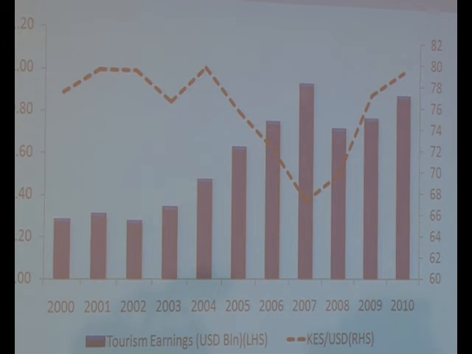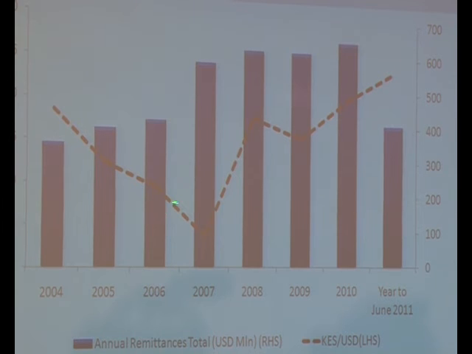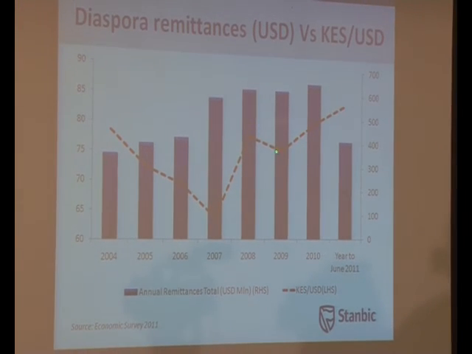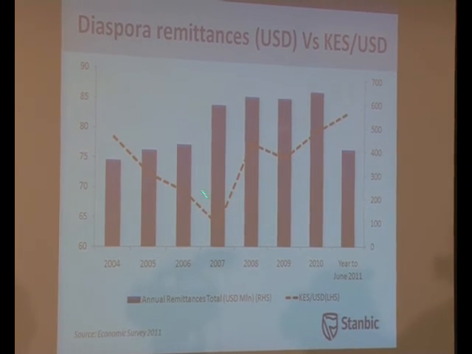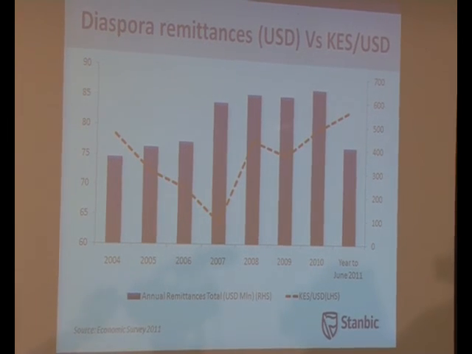It's been decreasing. If you look again at diaspora remittances, they've been growing fairly nicely over time. You can see here that if you look at the period between 2006 and 2007, 2008, as remittances increased, the value of the shilling went up. It went all the way from 80 to about 65, which is good.